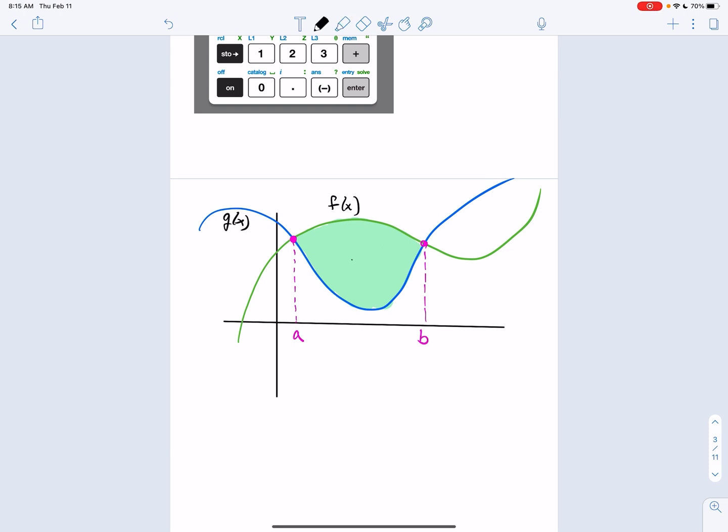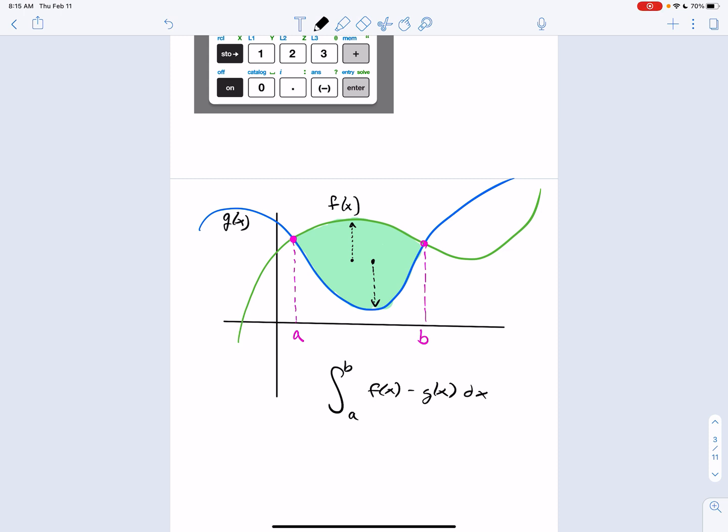Because if you stand anywhere in the middle and walk upwards, you clearly hit the top function, in this case f. And if you walk downwards, you clearly hit the blue function g of x. So this is just the integral from a to b of f of x minus g of x, also known as top minus bottom.